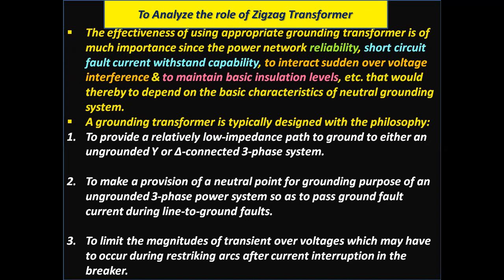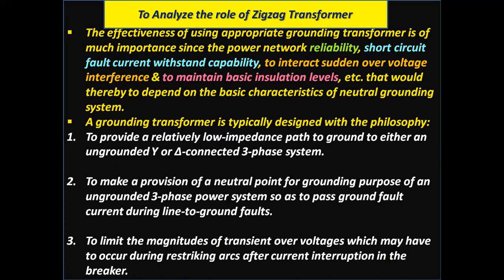A grounding transformer is typically designed with the philosophy: one, to provide a relatively low impedance path to ground to either an ungrounded star or delta connected three-phase system.